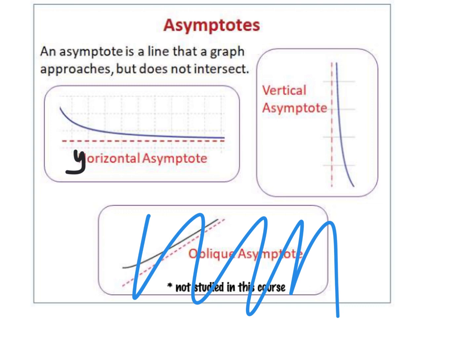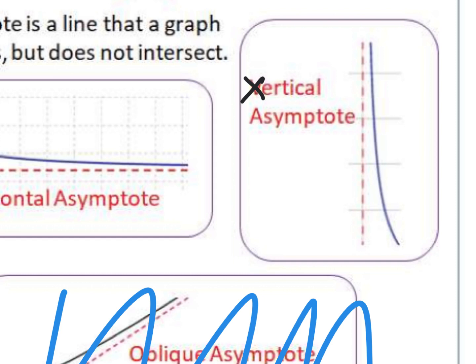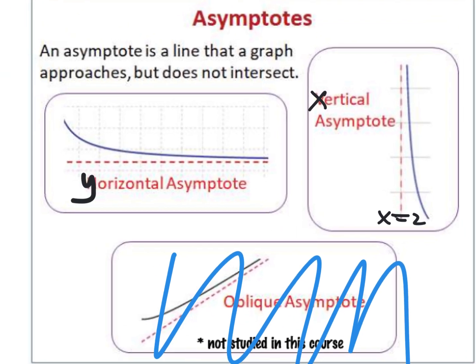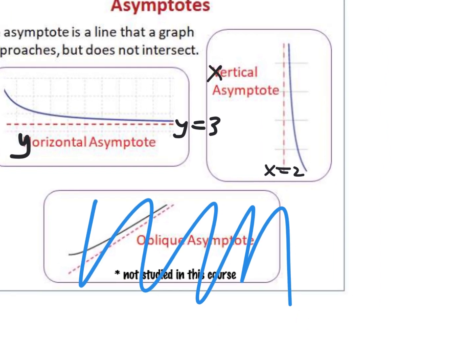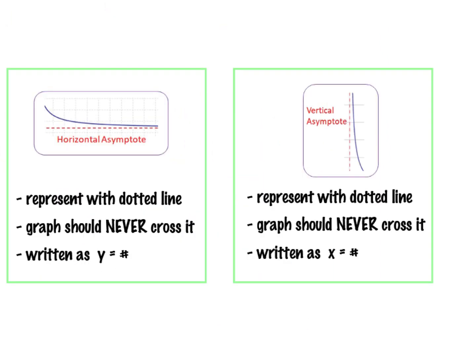The Y equals ones are the ones that go across. And vertical? Vertical, because those are the x equals lines. So this could be like x equals 2 or something like that. The dotted lines that go up and down are the x's. The horizontals are the horizontals. So this line might be like y equals 3 or something. Okay? Next page.